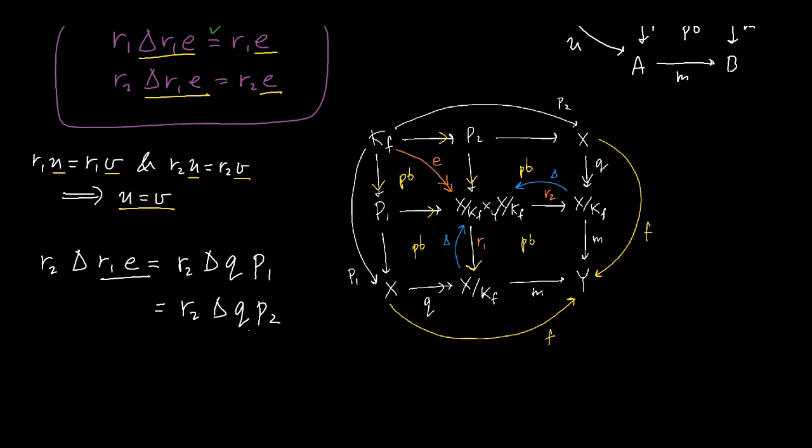And now I've hopped on the other side of the diagram suddenly, right? So now I've got P2Q delta R2. But isn't that the same as ER2? So it's the same way.